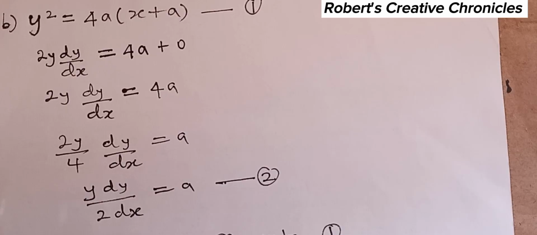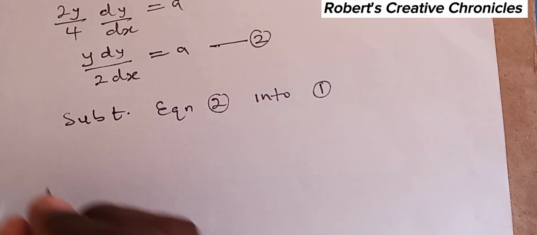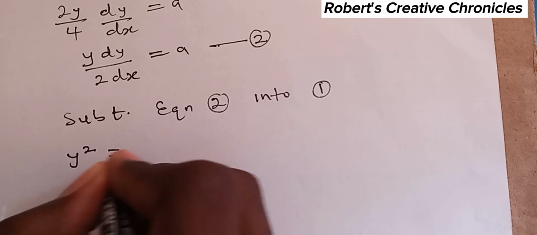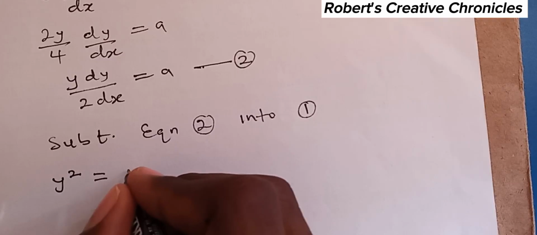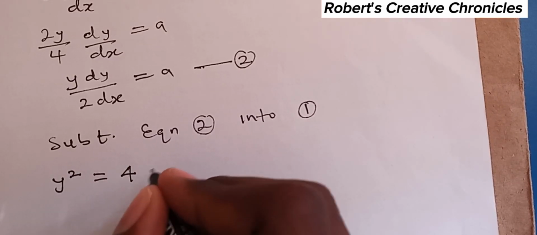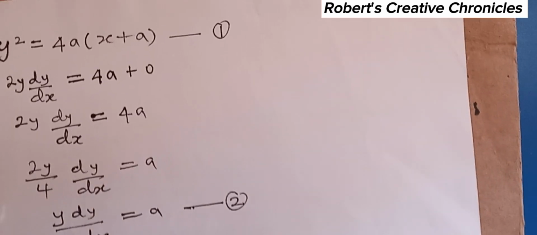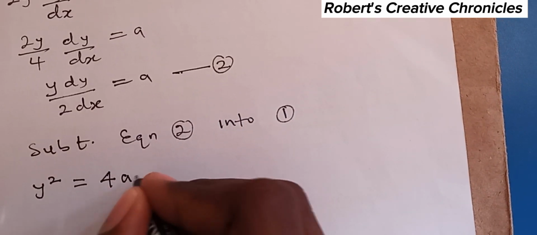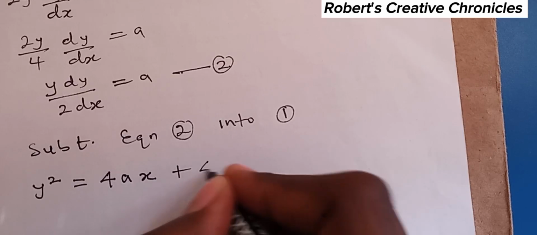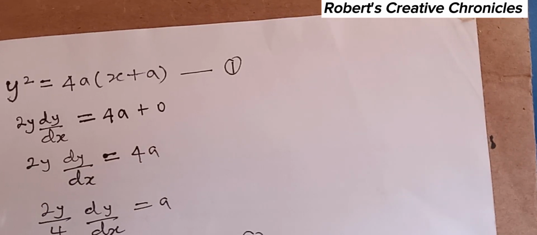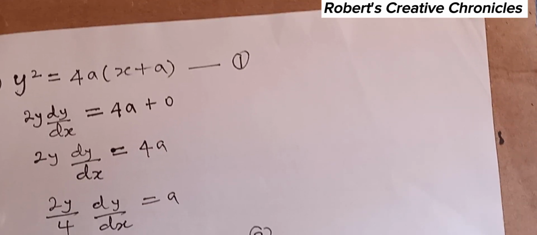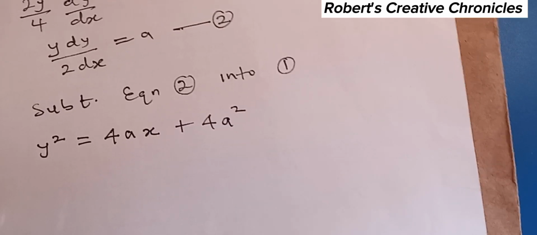It will be y squared is equal to 4. Let's open the bracket first: 4ax plus 4a squared. Now let's substitute this.